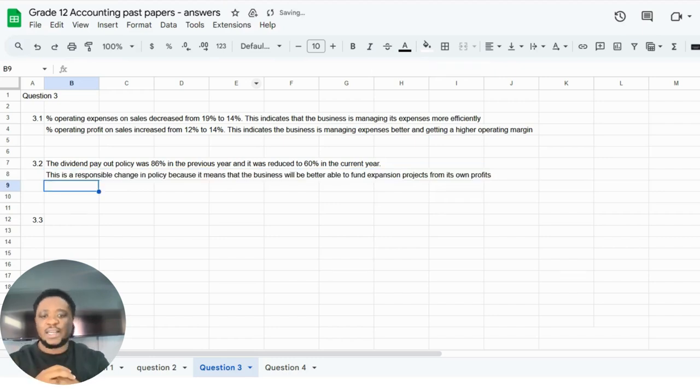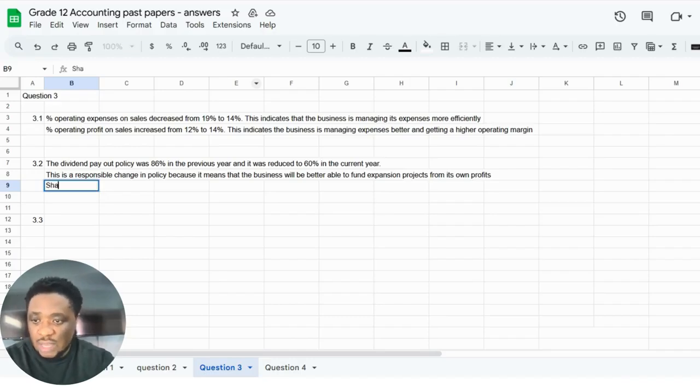Because ideally, if you're in a business, you would prefer that with the profits that it makes, it's able to invest. Not every time you want to embark on an expansion project, you have to raise money from shareholders, or you have to take debt, but you can use the profits that the business already made. So this is a responsible change.